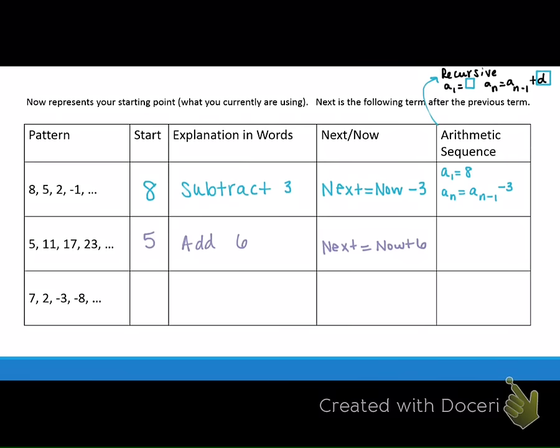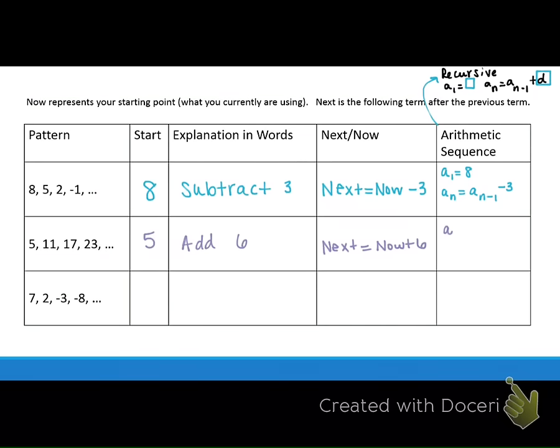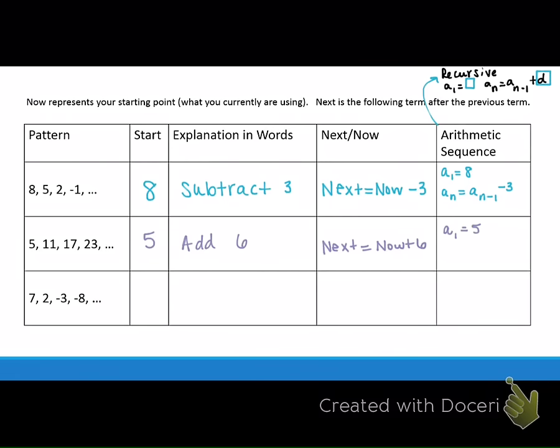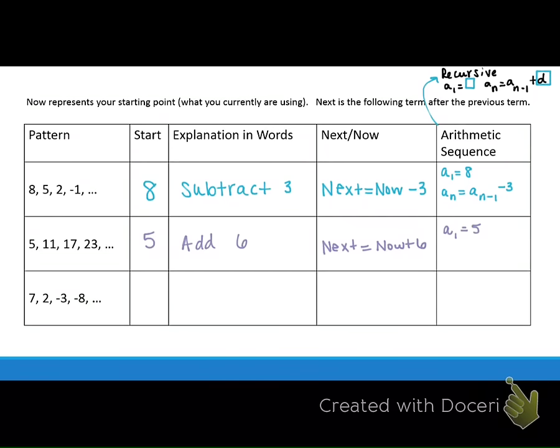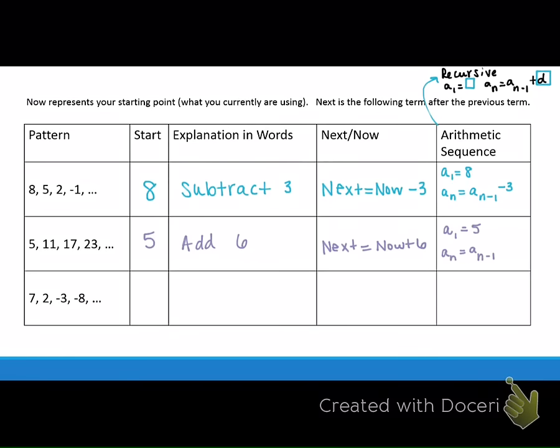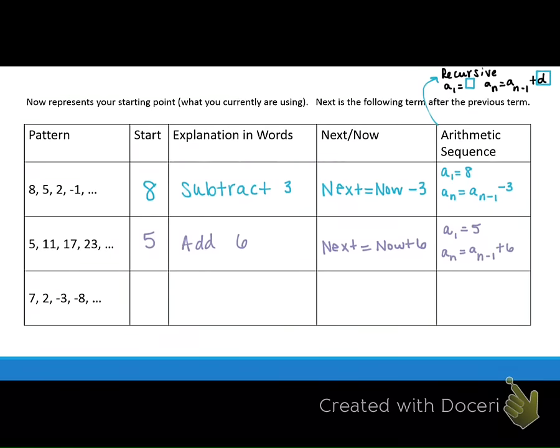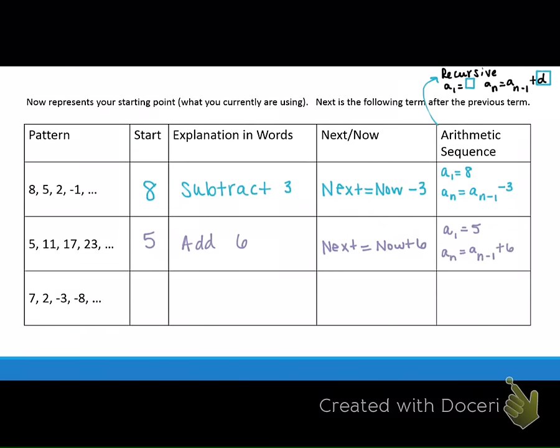And Kaylin, what is the arithmetic sequence formula? A sub 1 equals 5, and then a sub n equals a sub n minus 1 plus 6. Perfect. We're kind of just replacing the next with a sub n and the now with a sub n minus 1, but we just have to add that first term in there, so it's not a huge difference.